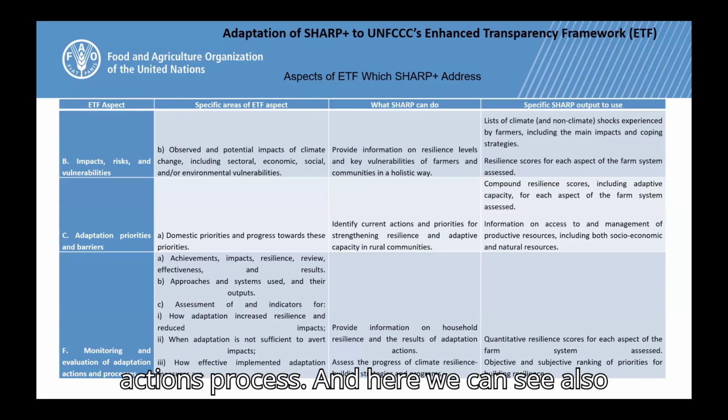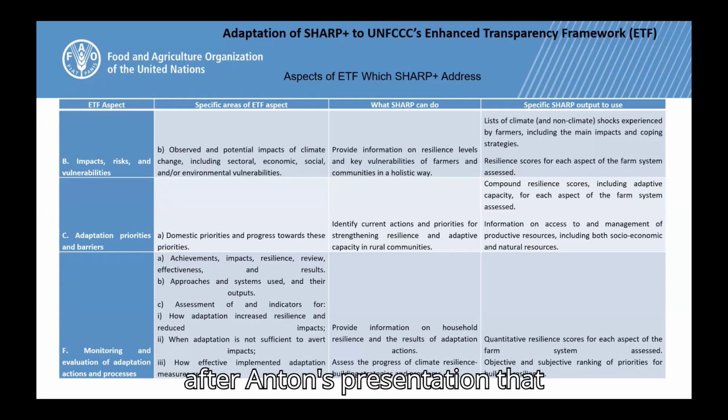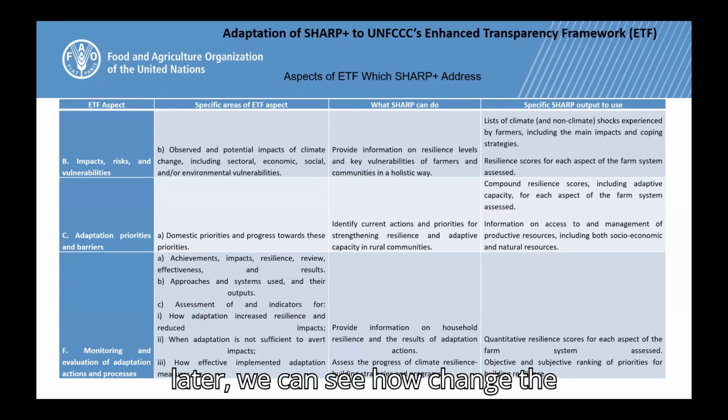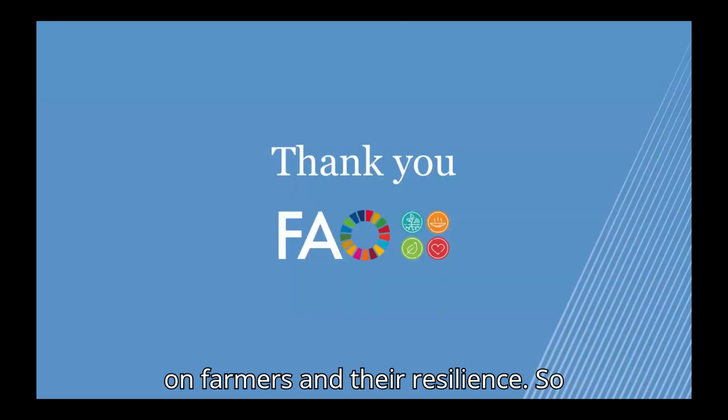And here we can see, also after Antoine's presentation, that for example if we do a spot check, in two time periods, like doing this survey in 2025, and then 5 years later, we can see how the resilience scores changed, basically checking whether some measures or policies that were introduced during this time had some beneficial effect on farmers and their resilience.